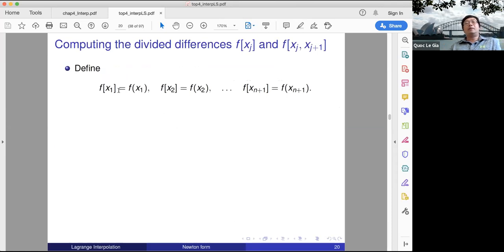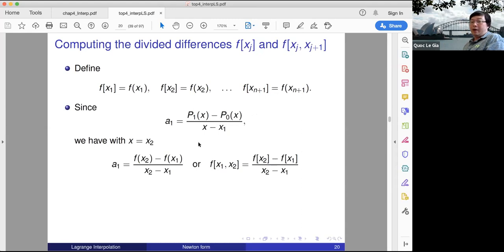First for P0, you can see that the divided difference of 1 point is simple. You just take essentially the value at that point. So F of x1 in square brackets is just equal to f of x1, and F of xn plus 1 is f of xn plus 1. Thank you.